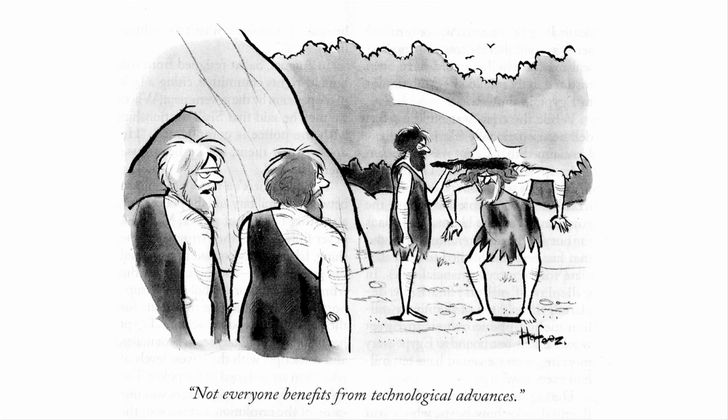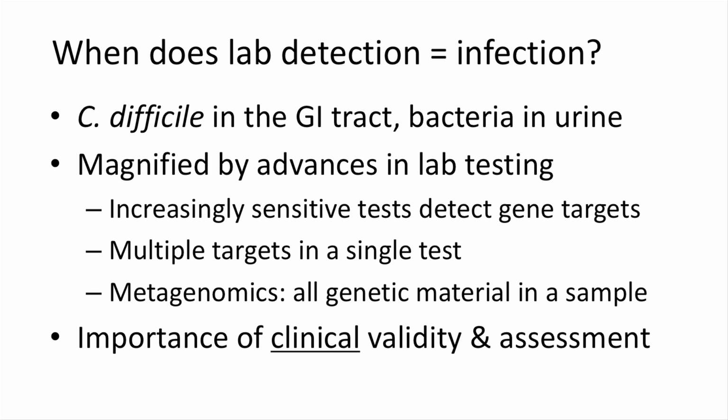And the one that I've alluded to and others that you know about is this question: when does lab detection equal infection? The two areas where we struggle with this the most right now in acute care hospitals and also long-term care and other settings is the presence of C. diff in the GI tract and the presence of bacteria in the urine.